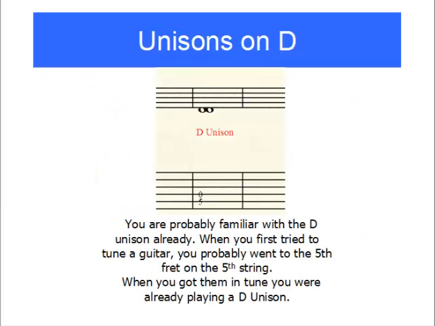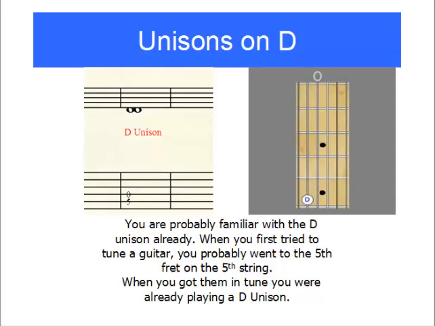Alright. Now the unison on D. It's like we're tuning the guitar again. 5th fret. Same note, same pitch, 2 different strings. Try them both at the same time. And you're probably familiar with the D unison already because you've tried to tune the guitar.